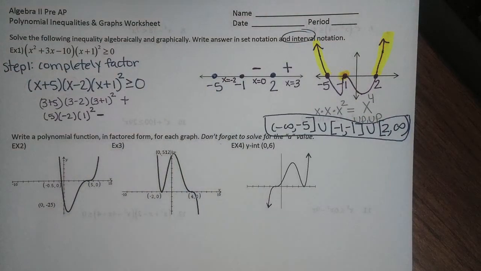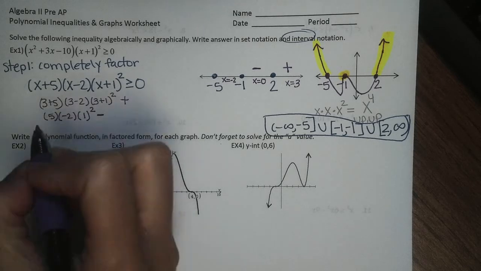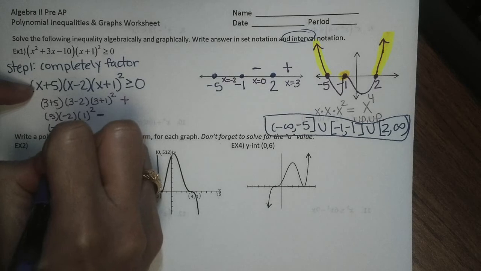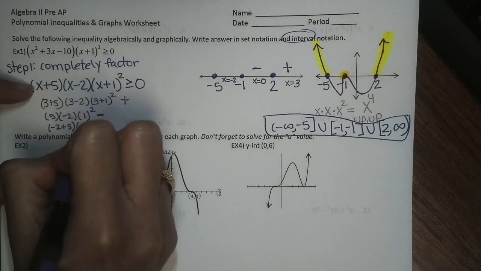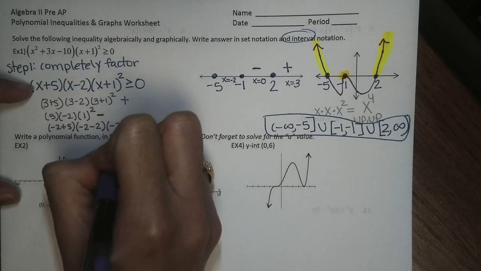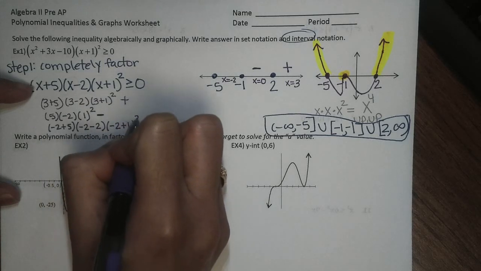Okay. So let's plug in x equals -2 into your polynomial. So -2 plus 5 times -2 minus 2 times -2 plus 1 squared.